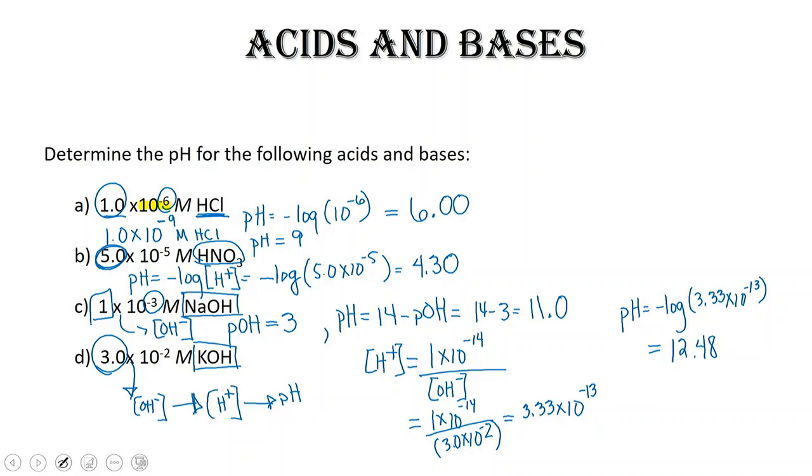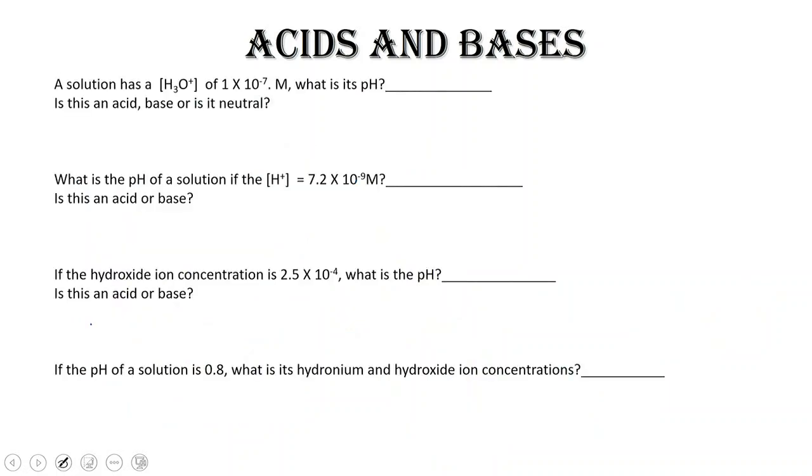Okay? So in the previous slide, we did calculations to determine what the pH and the hydroxide ion concentration is, but what we didn't do is determine whether those solutions are acid or base. So we're going to do some more calculations and then determine whether we have an acid, a base, or a neutral solution. So the first question: a solution has a hydronium ion concentration of 1 times 10 to the minus 7 molar.